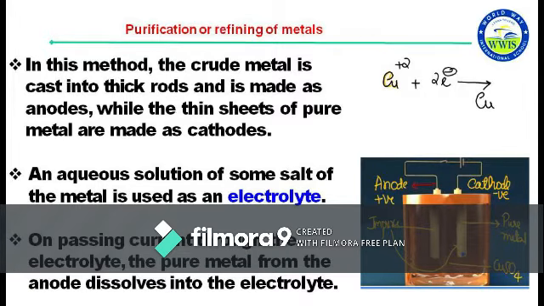The electrolyte used to fill up the container in which the two electrodes are kept is copper sulfate, specifically in this kind of example. So while passing current through this electrolyte, the metal from the anode dissolves in the electrolyte. And the final product is called anode mud.